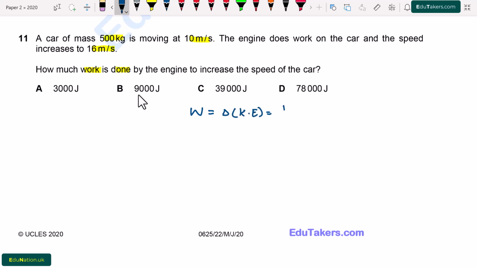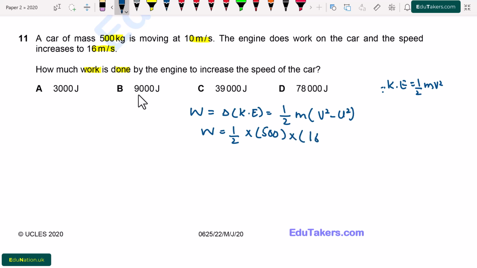It will be equal to 1 over 2 m (v square minus u square), because kinetic energy is equal to half m v square. Now work will be equal to 1 over 2, mass is given 500, multiplied by final velocity 16 square minus initially 10 square. So the value of work will be equal to 39,000. The unit of work is joule. So from here option C is correct.